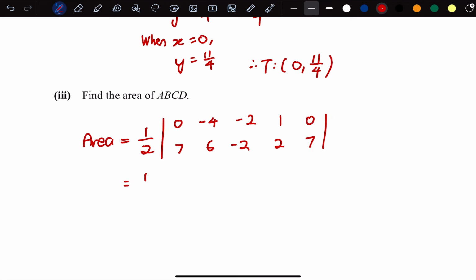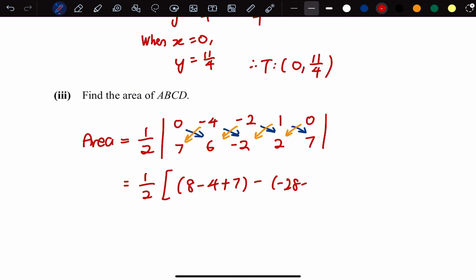Okay, that I can calculate out from here. Using the shoelace method, I'll get 0 times 6 is 0, 8 minus 4 plus 7, minus away this side now, which will give me negative 28 minus 12 minus 2.